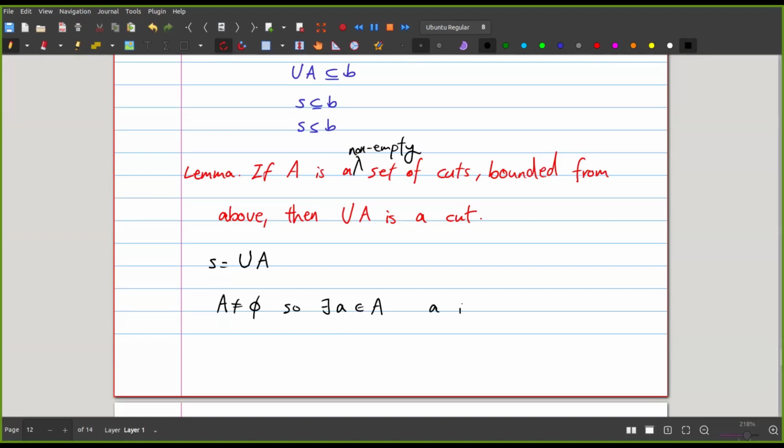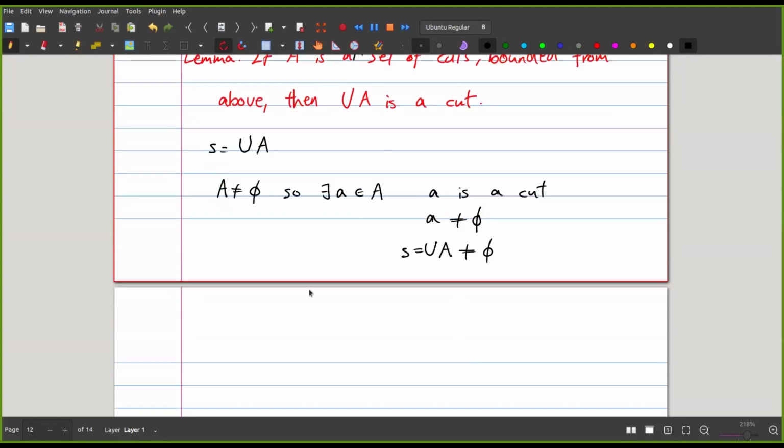So small a is a cut, which means that small a is not the empty set because the empty set is not a cut. So because the union of all a's contains small a, that means that the union of A is also not the empty set. Okay. So I showed that my set S, which I'm going to use as my supremum, is not the empty set. I have to also show that it's not the entirety of Q.